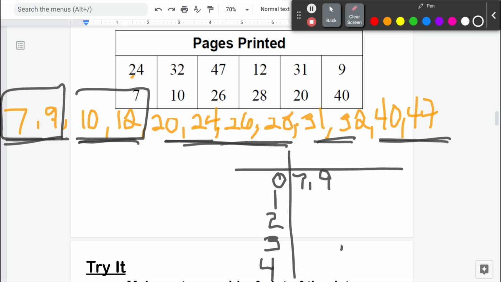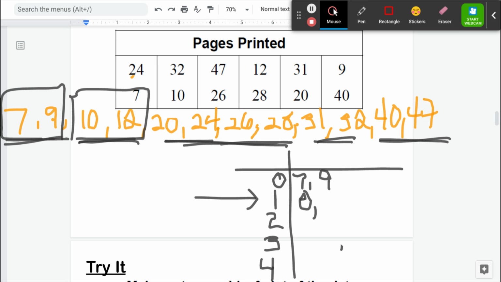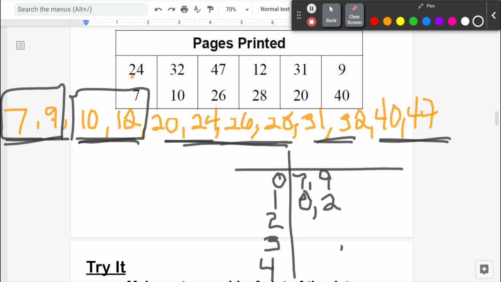My next section was the 10s. When I'm writing the 10, I'm not going to write the 1 in front of it. I'm just going to write a 0 because I already have the 1 right in front of it there. Then my 2, same thing. I'm just going to put the 2 because the 1's already written, making sure I put commas in between.